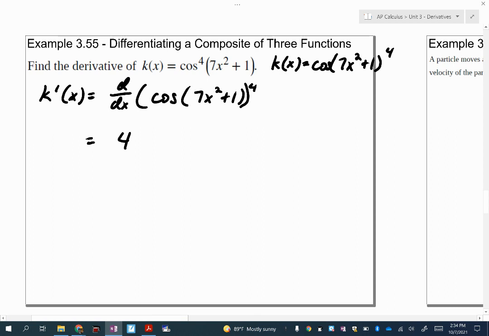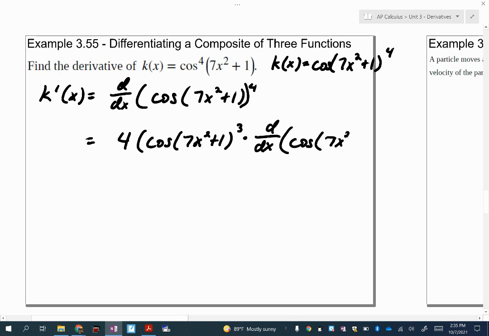I'm going to move it to the front and do 4 times the cosine of 7x squared plus 1 to the 3rd power, times the derivative of the inside, which is d dx of cosine of 7x squared plus 1. All right, so I'm going to copy this first part down. So 4 times the cosine of 7x squared plus 1 cubed.